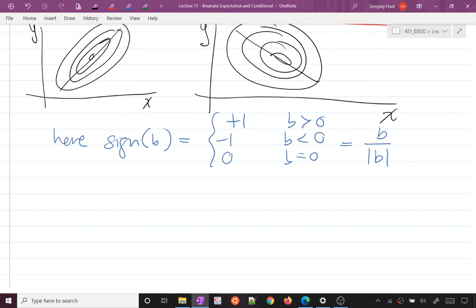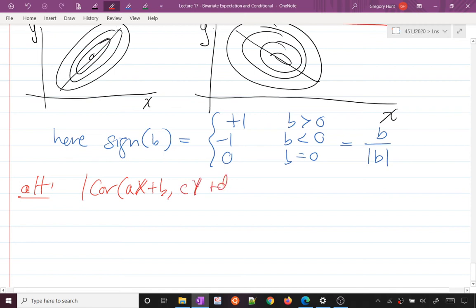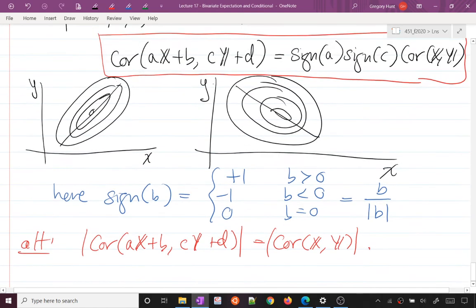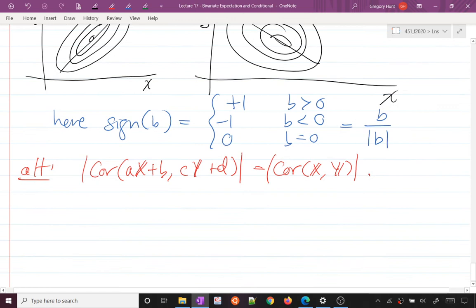An alternative way to write this is that we could say that the absolute value of the correlation of ax plus b and cy plus d is the same thing as the absolute value of the correlation of x and y. That's another way of saying it. That gets rid of the fact that we have to depend on the sign there. But they're kind of the same thing.